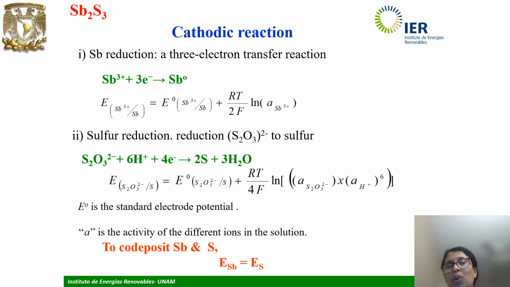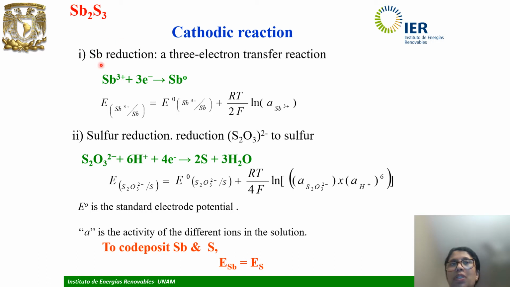These are the cathodic reactions involved in the case of antimony sulfide. For the deposition of antimony sulfide, the precursors are antimony as well as a sulfur source. Here we used antimony chloride and thiosulfate.